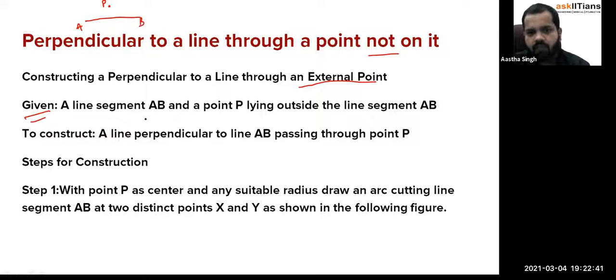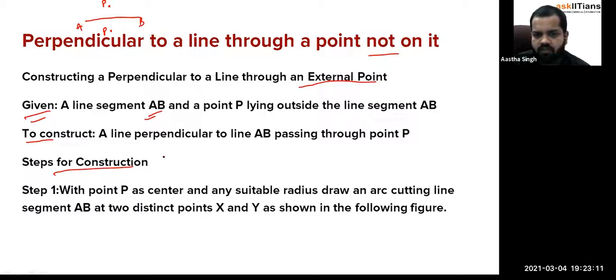A line segment AB is given to you, and a point P lying outside the line segment AB, any external point. Whether this point is above AB or below AB, it actually does not matter. So here are the steps to construct a perpendicular from point P.